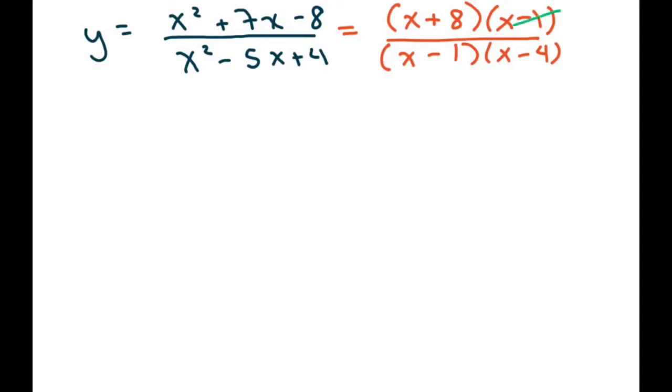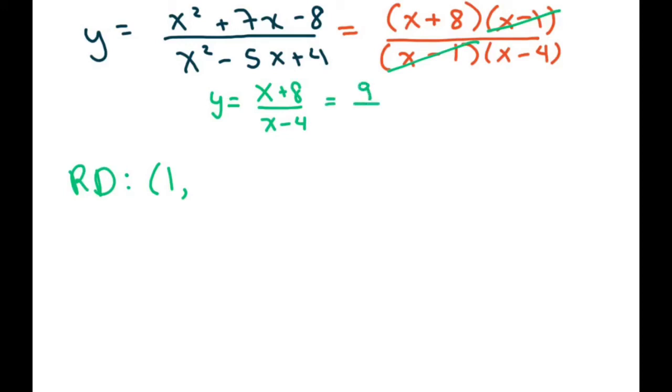So we do have a removable discontinuity at x equals 1. We're going to plug it back into our reduced equation to find our y. So when you plug in 1, you're going to get 9 over negative 3, which equals negative 3.